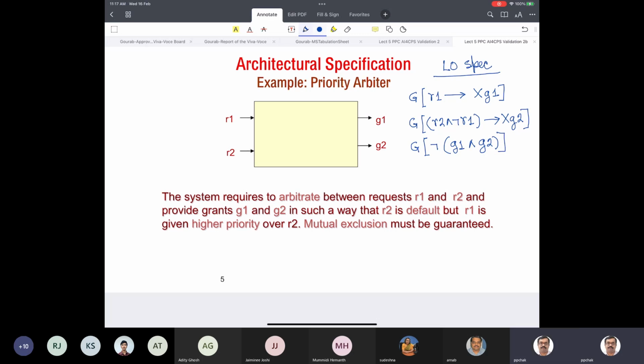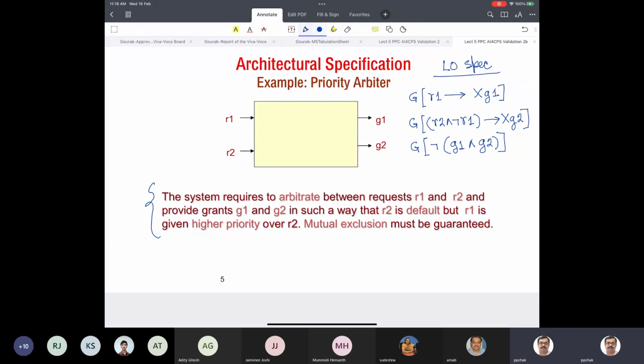The system requires to arbitrate between requests R1 and R2 and provide grants G1 and G2 in such a way that R2 is default, but R1 is given higher priority over R2 and mutual exclusion must be guaranteed. If this is the specification in English, how do we write the rules? We write the rules in the following way.